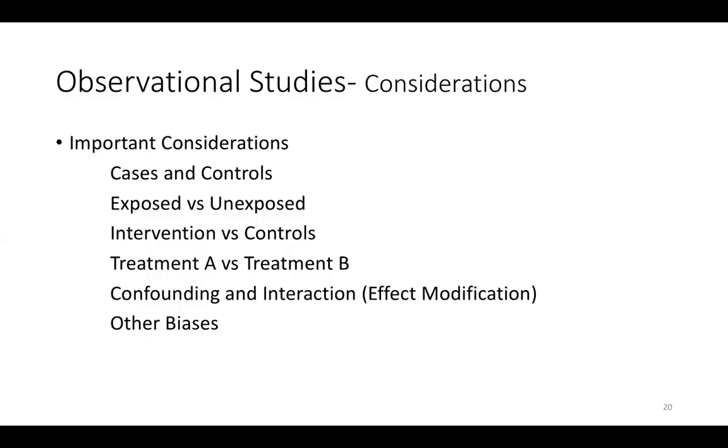There are important considerations while studying or designing observational studies. We need to know what a case is and what a control is. We need to define the cases well. We need to understand what exposed versus unexposed is. Sometimes what a case is in one study might be the exposure in another study.